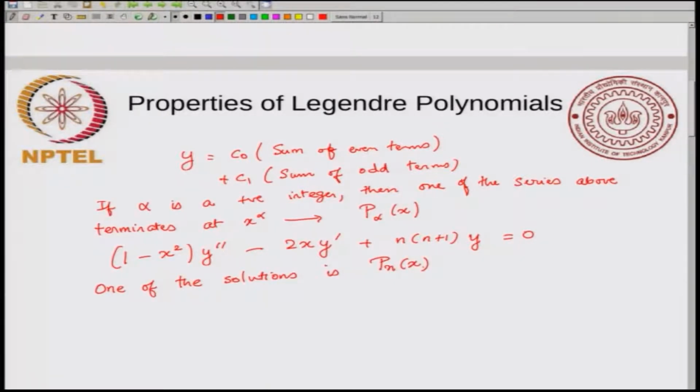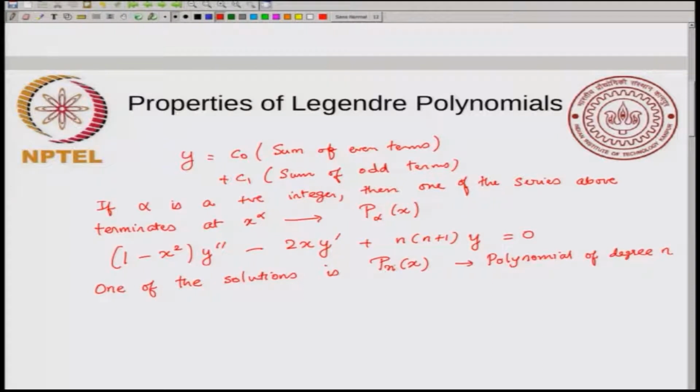This is a polynomial of degree n. And what we said is that if n is even, then there will be only terms of even powers of x. If n is odd, there will be only terms of odd powers of x. So, now we can ask what are these polynomials.